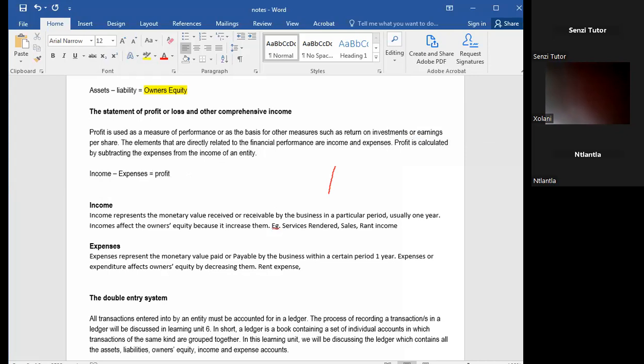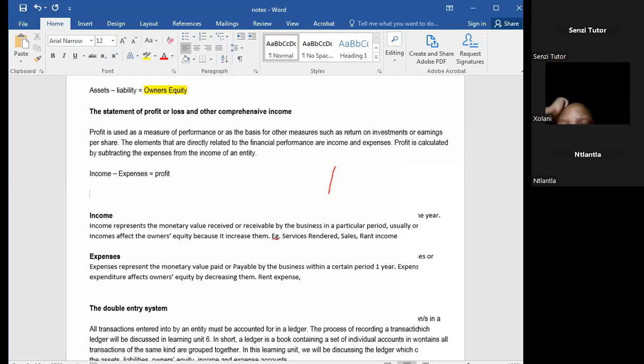Then the question is, can a business make a loss? Yes, a business can make a loss. Whenever expenses are greater than incomes, the business will make what? A loss. Yeah, because if our incomes are maybe 100,000 and expenses 200,000, then we have a negative number, which is 100,000.